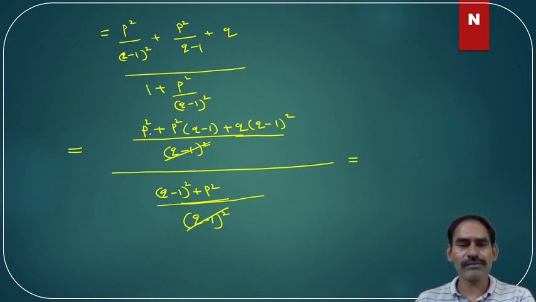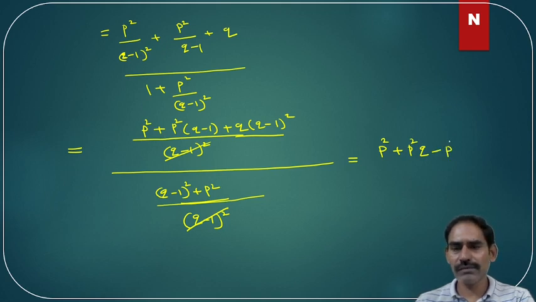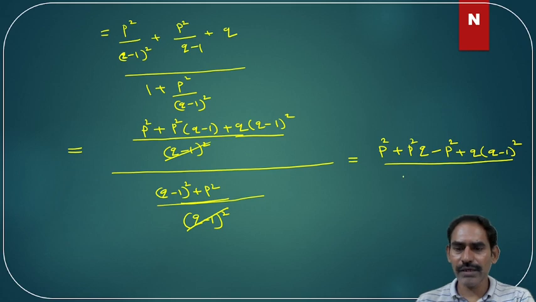In the numerator, simplifying these terms: p square plus p square into (q minus 1), plus q into (q minus 1) whole square, divided by (q minus 1) whole square plus p square.